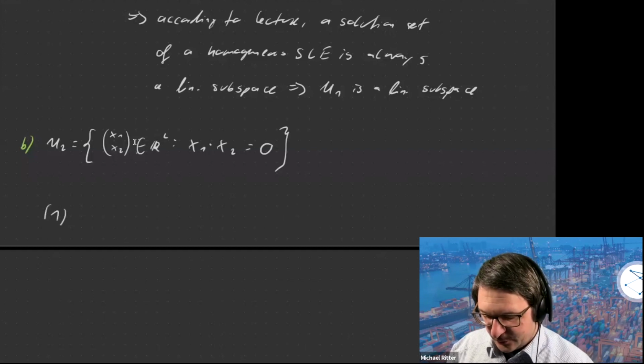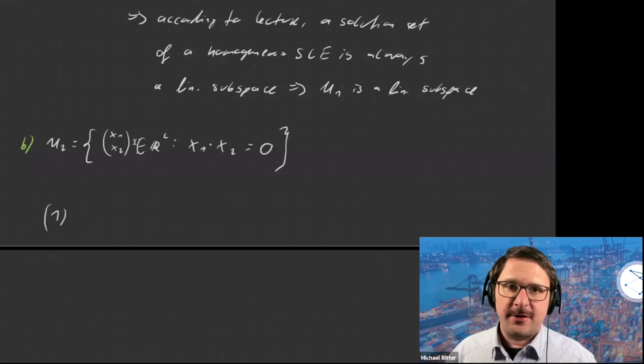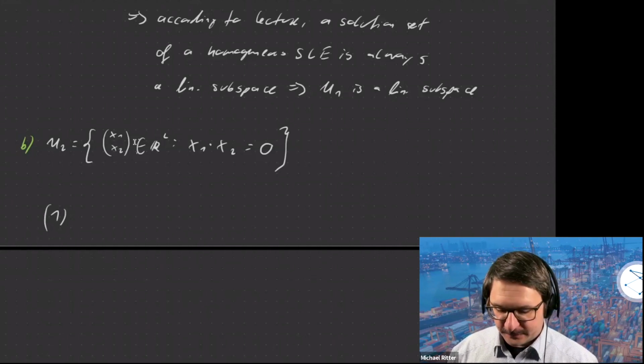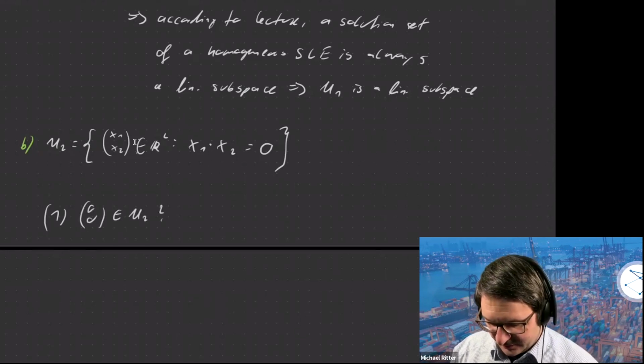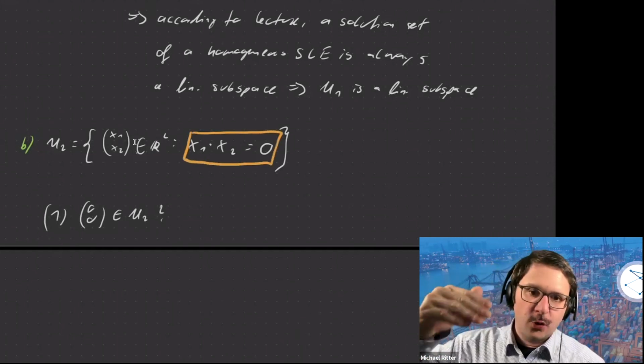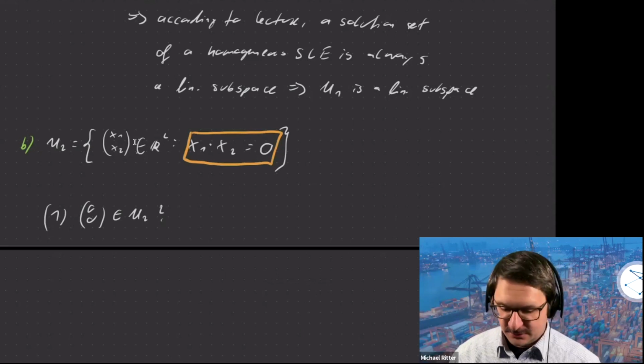Again, we start with checking whether the set is non-empty by simply checking whether it contains the 0 vector. So the first question is, is the 0 vector contained? The defining property this time is that the product of the two coordinates of our vector must be 0.